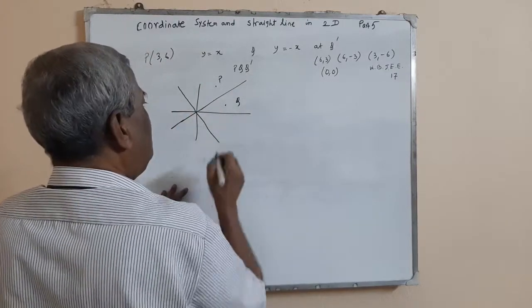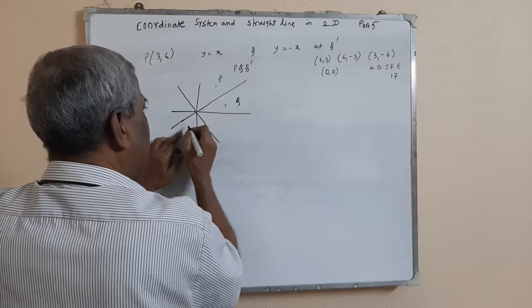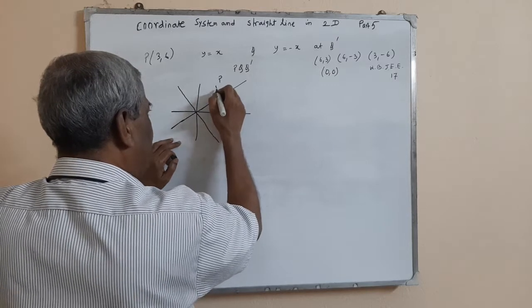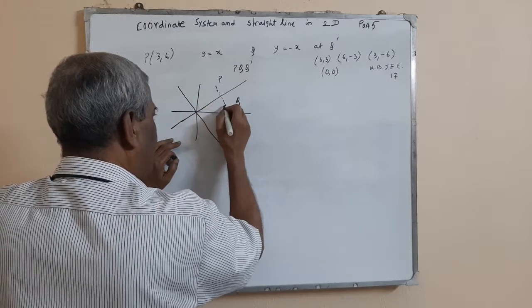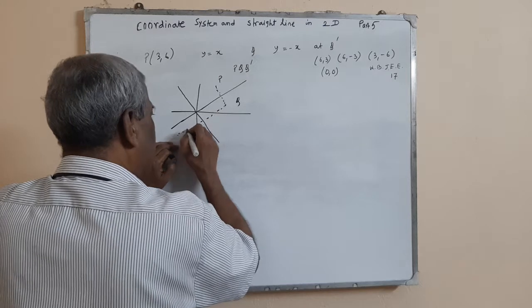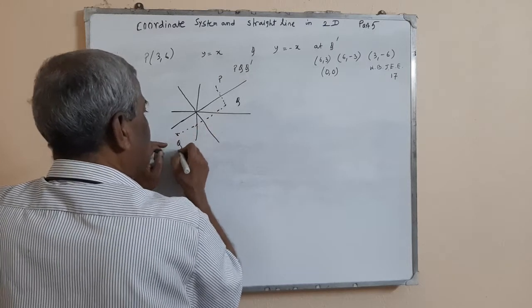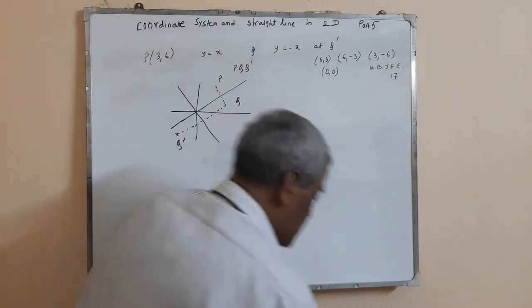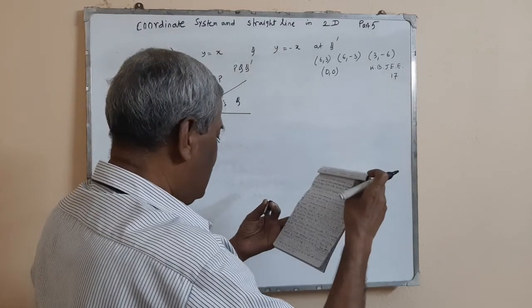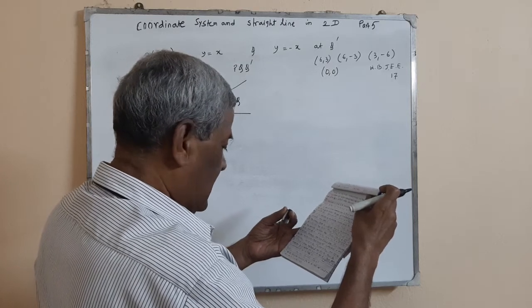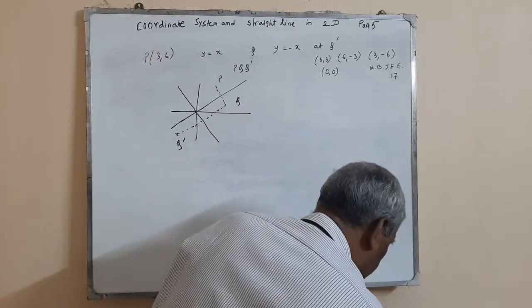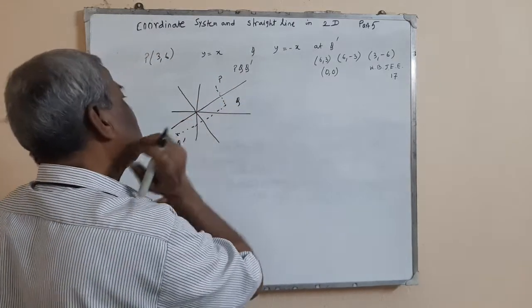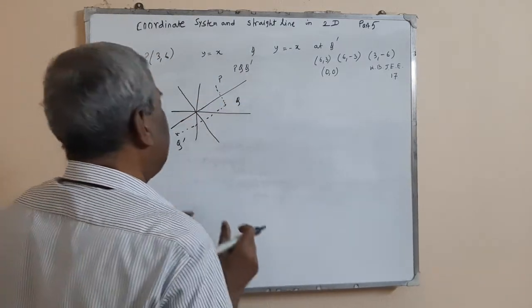So this one. Now it is reflected to that, and the point is this, say Q dash. Then we have to find the circumcenter of the triangle PQQ dash.